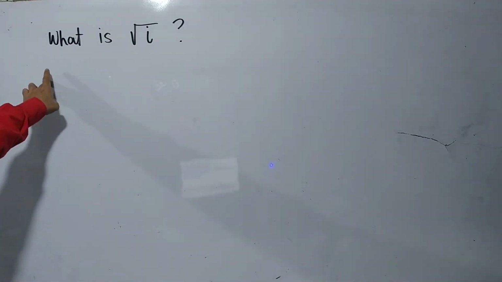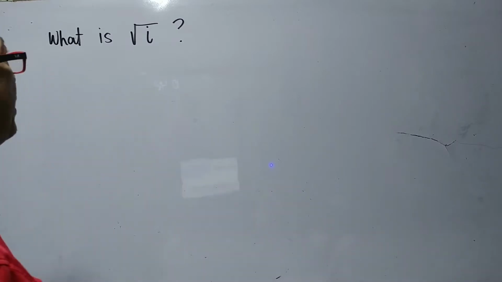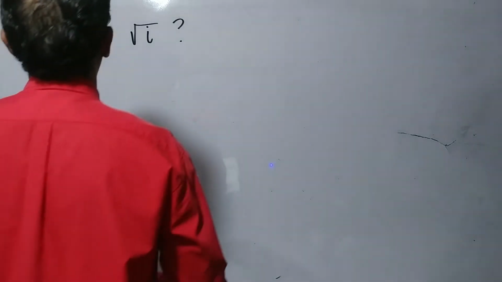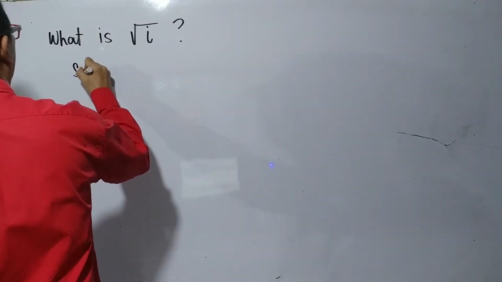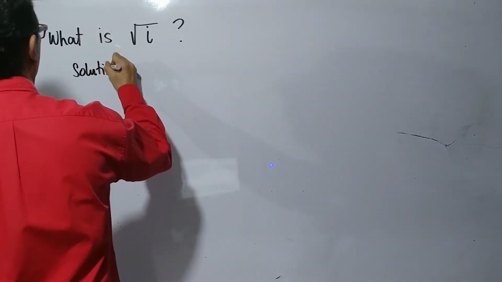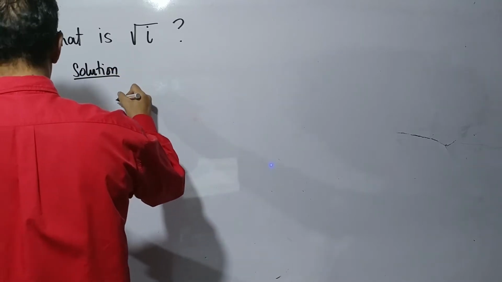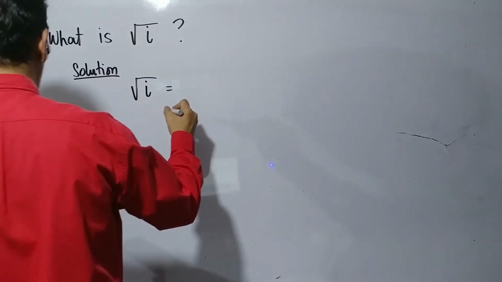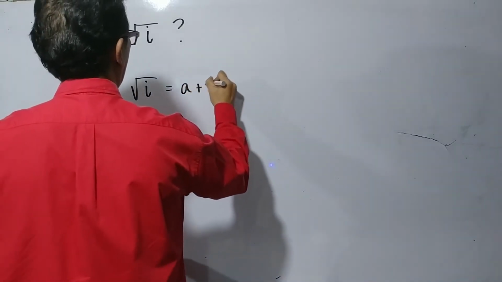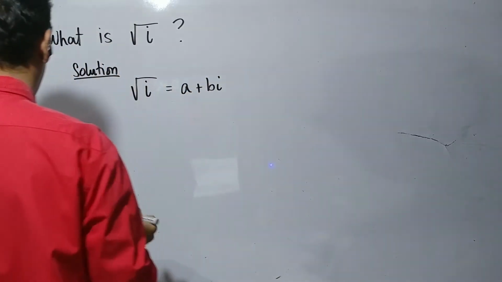So what is square root of i? To solve it, square root of i is equal to a plus bi.